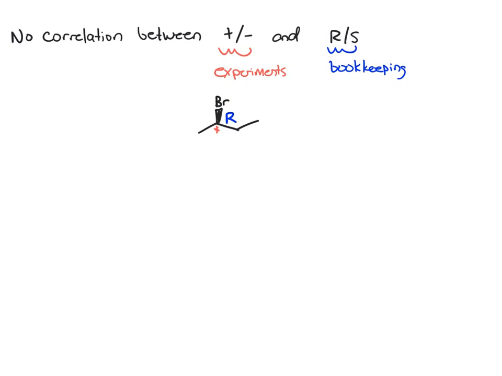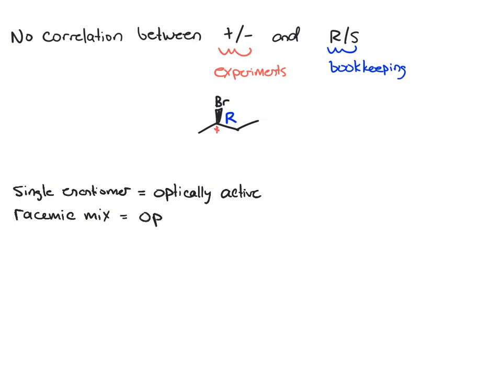If you have a single enantiomer, that's going to be optically active. If you have a racemic mixture of two enantiomers, that's optically inactive.